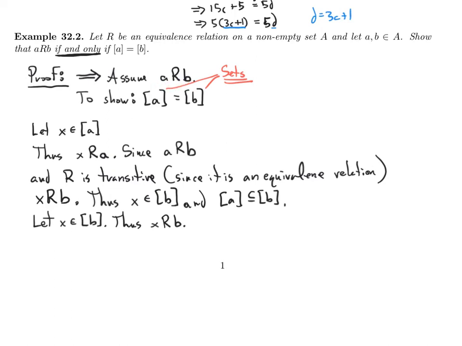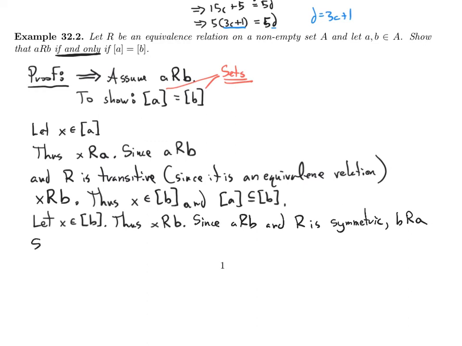But remember, R is an equivalence relation. So we can use that to say B is related to A as well, since all equivalence relations are symmetric. So since A is related to B and R is symmetric, we have that B is related to A.